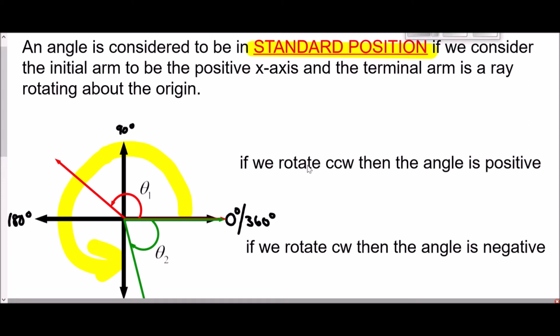So if we rotate counterclockwise, then the angle is positive. So anything starting from 3 o'clock, go counterclockwise like this. We can represent that with a positive sign. Okay.